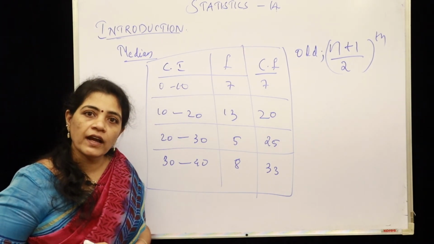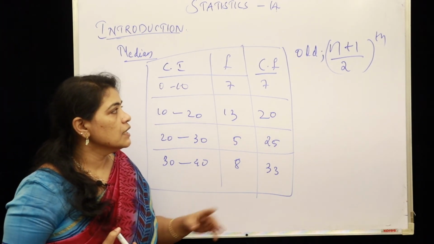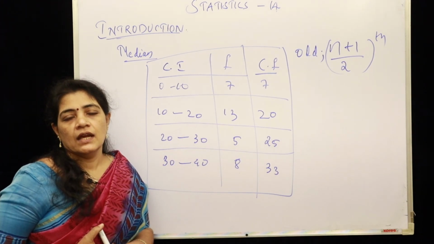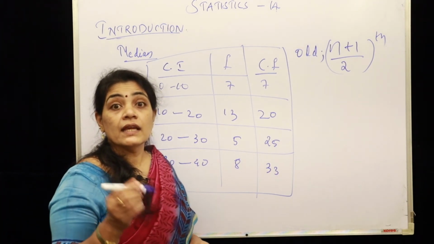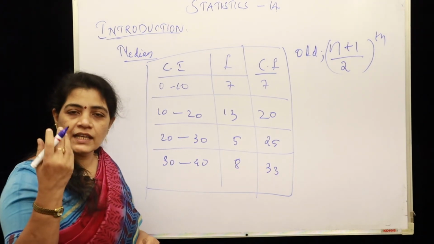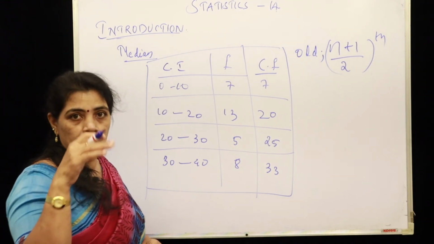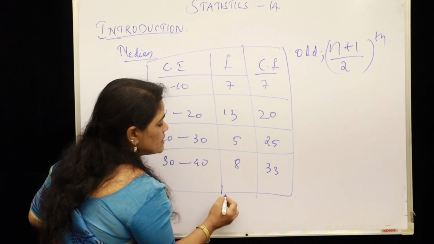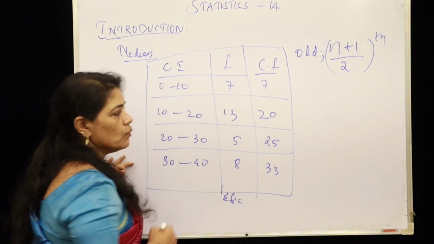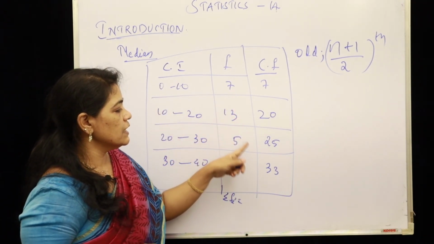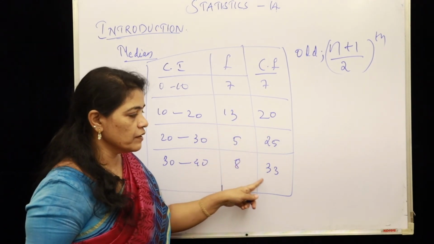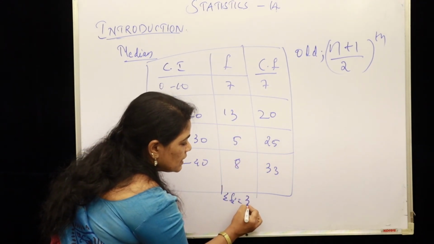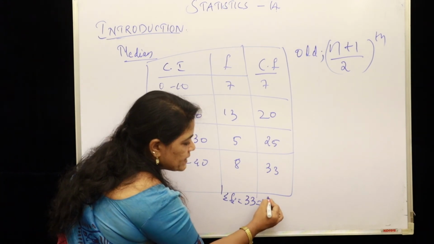Then after finding the cumulative frequency, find sigma Fi, which can also be represented by capital N. So sigma Fi, the sum of the frequencies, is 33, equal to capital N.